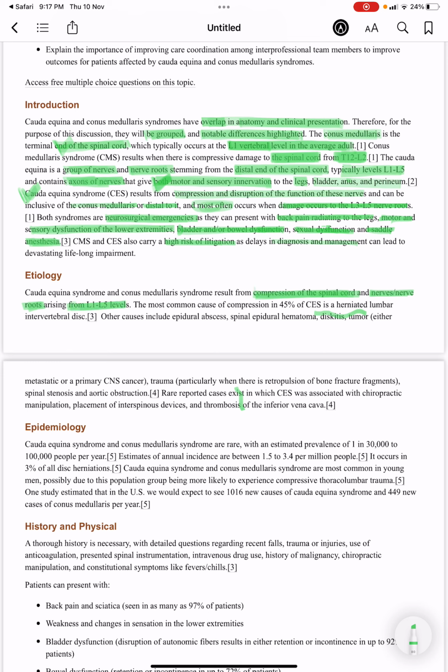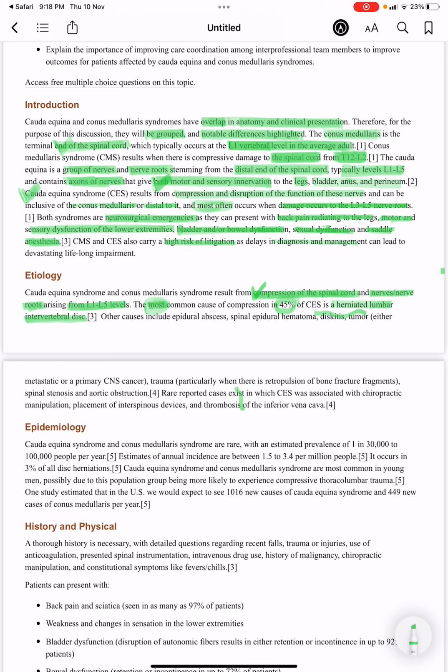The most common cause of compression, in 45% of Cauda equina syndrome, is a herniated lumbar intervertebral disc. The most common cause we have to think of is herniated lumbar intervertebral disc.